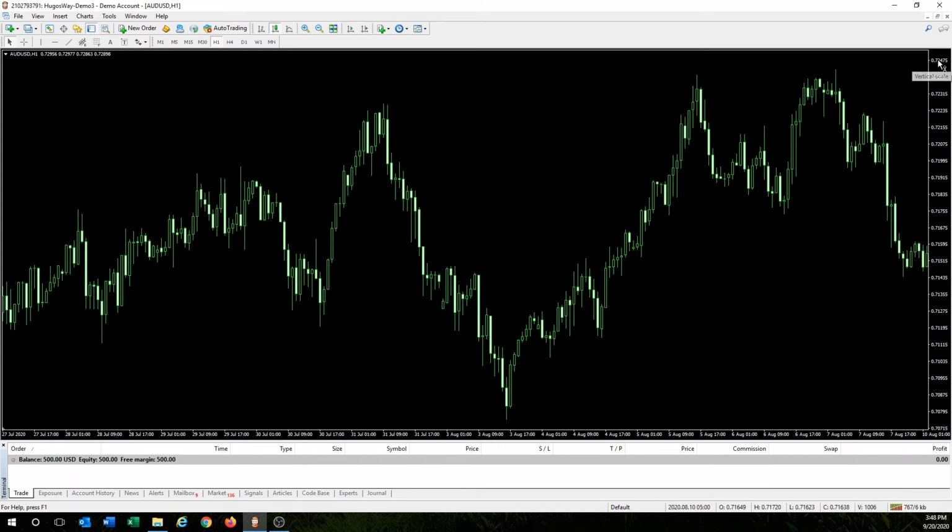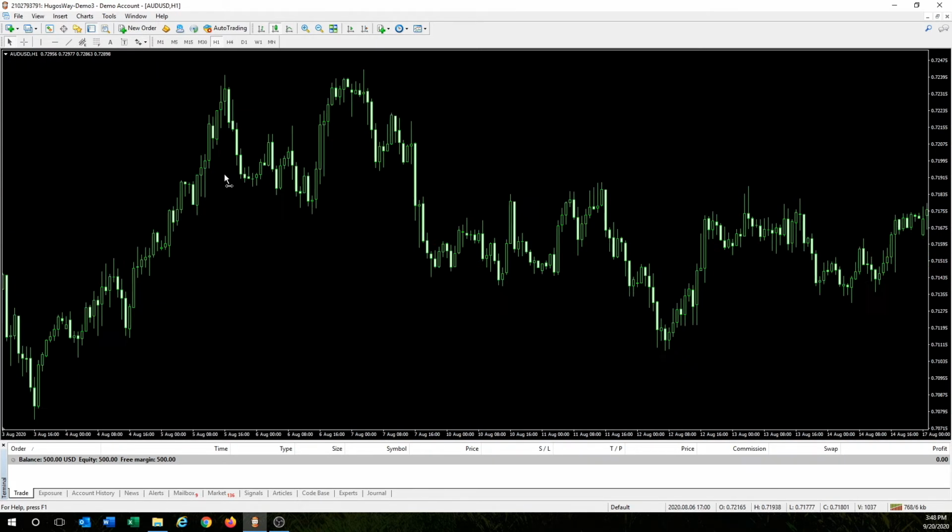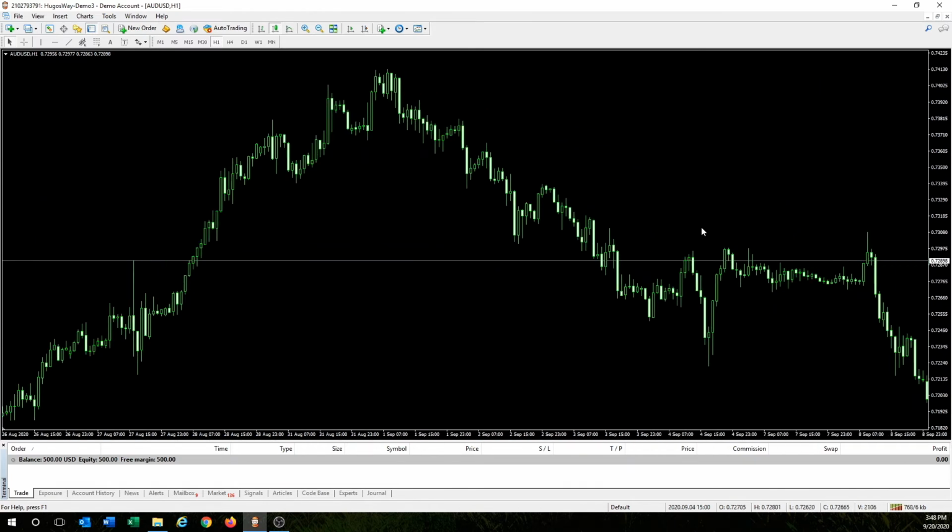You can see, let's look at the chart here. So this is the price. This right column here is price. So we're looking at Australian dollar versus the US dollar. What this is telling us is how much US dollar 1 Australian dollar is worth, right? And that's what these candles are telling us.